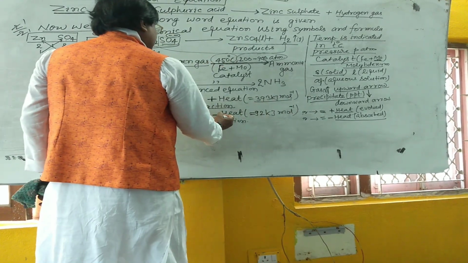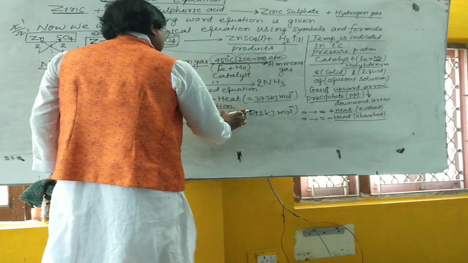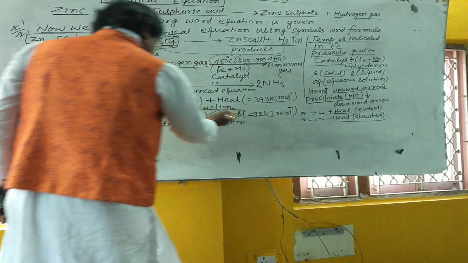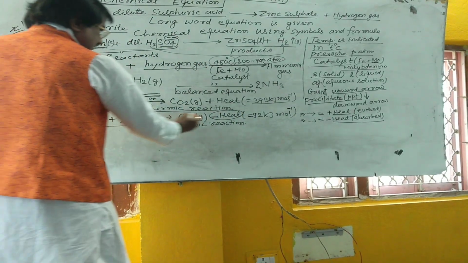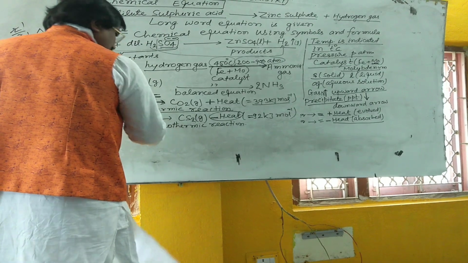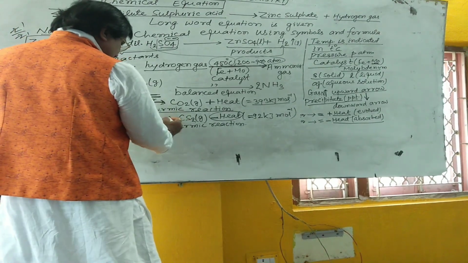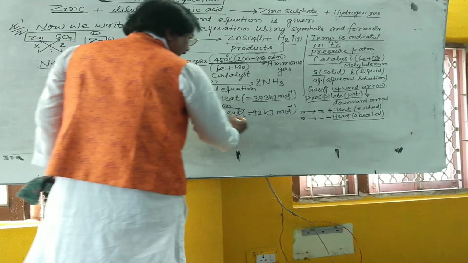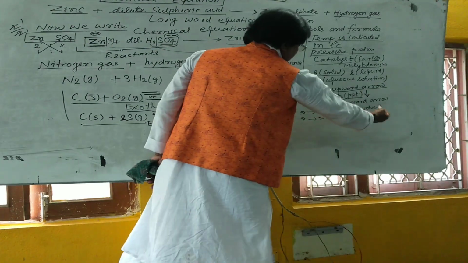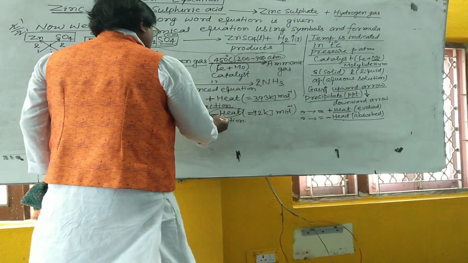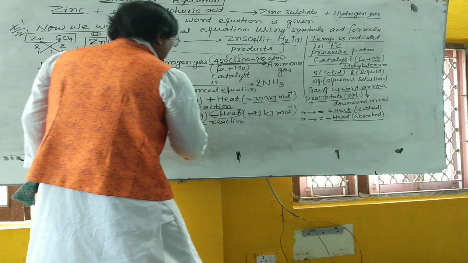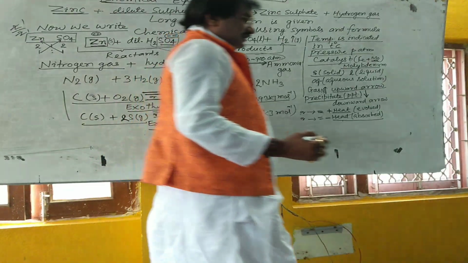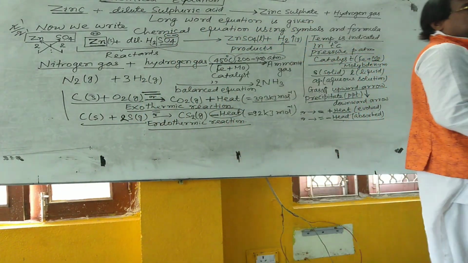But if this minus is taken to the reactant side, it is converted into plus. So if after is equal to or after the arrow a negative sign is given, then it indicates heat is absorbed, and the reaction is called an endothermic reaction. The reaction in which heat is absorbed is called an endothermic reaction.